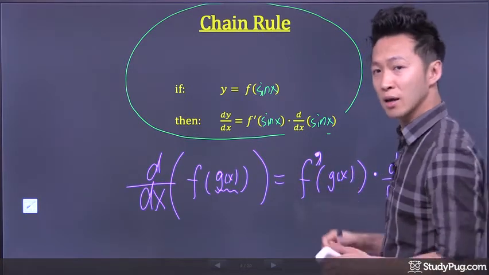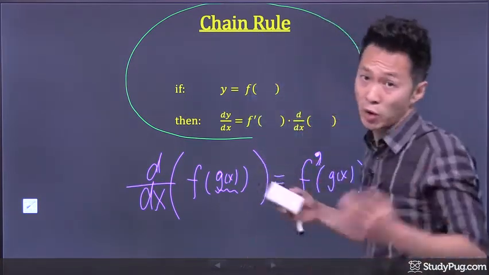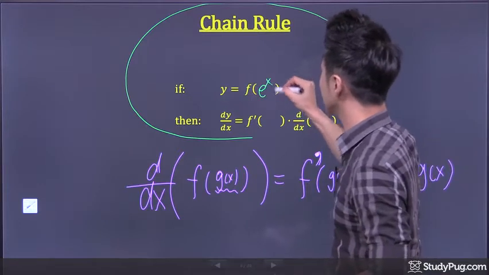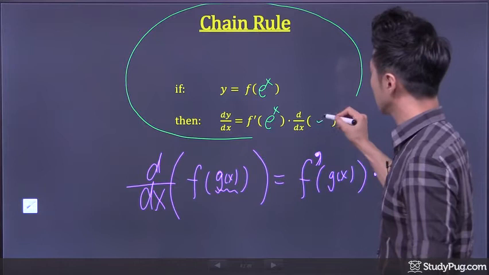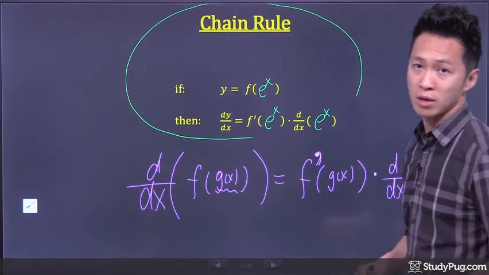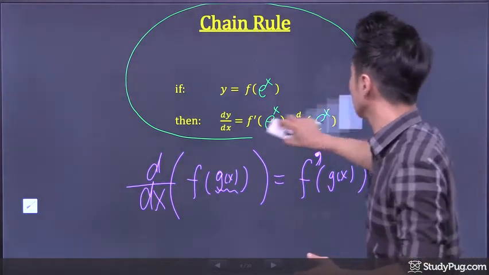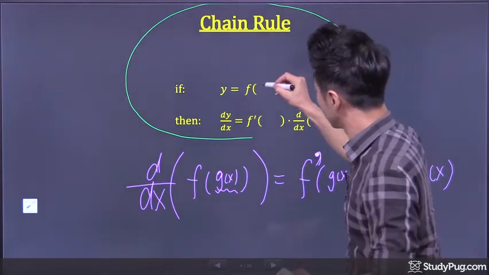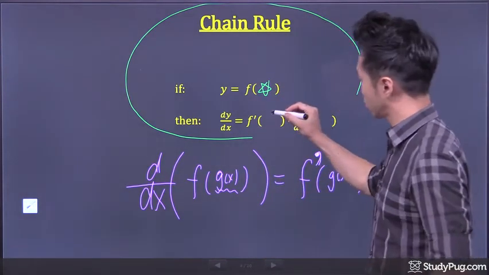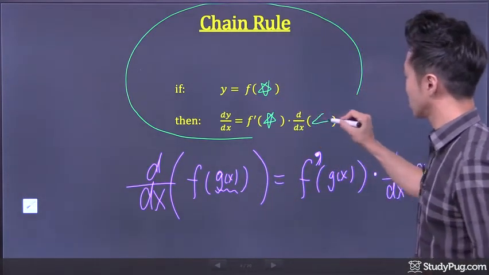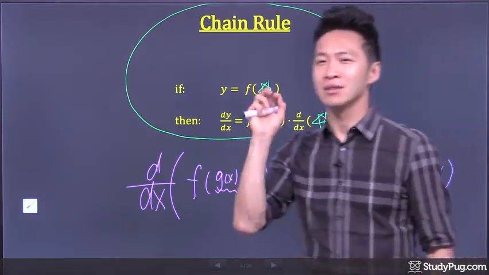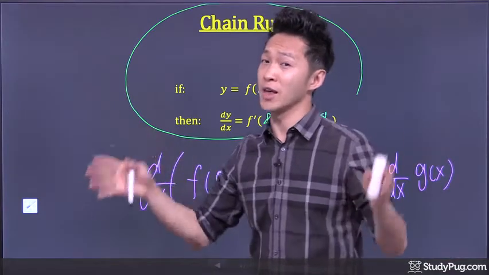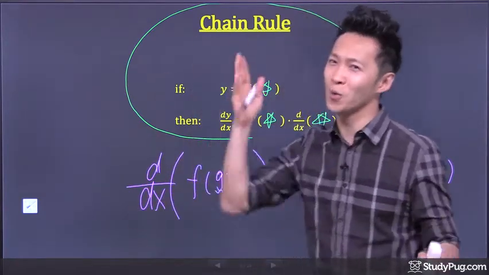Simple as that. It can be an exponential function, e to the power of x, then inside the bracket here and here, same thing, e to the power of x. It could even be a little crazy star. Then inside the bracket, I just put a crazy star and a crazy star. Whatever you put inside the bracket, the chain rule works in every single way.